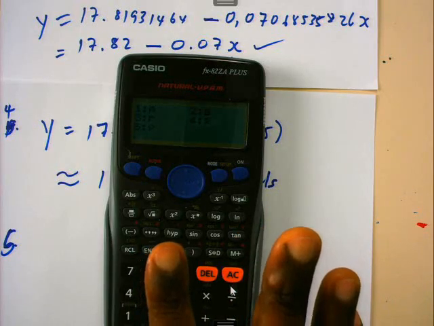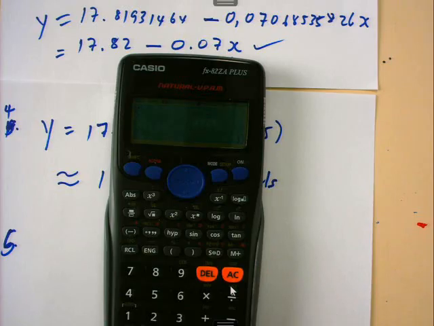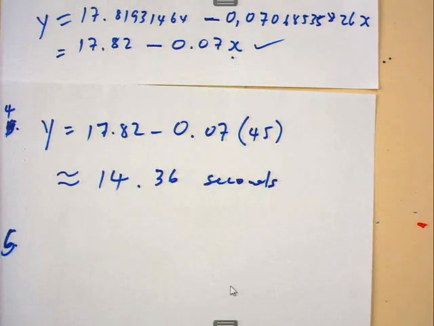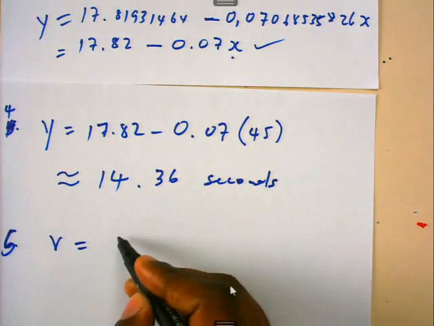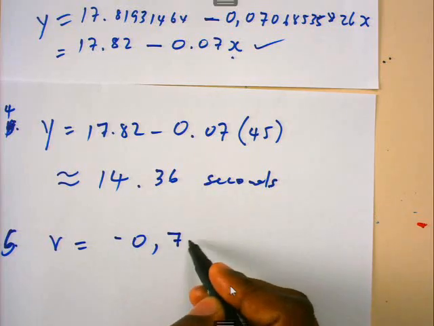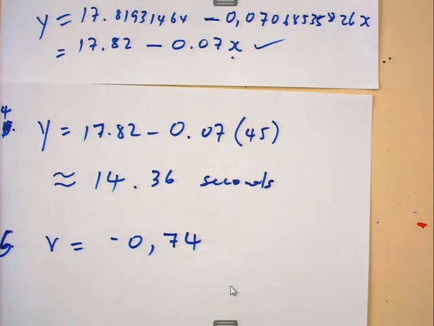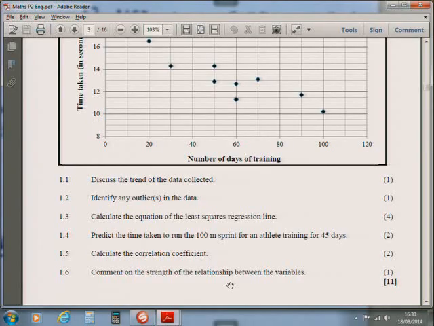Can you see R appearing on the screen? 3, equals. So we write therefore that R is equal to negative 0.74. The question said calculate the correlation coefficient, and we have just calculated it there.